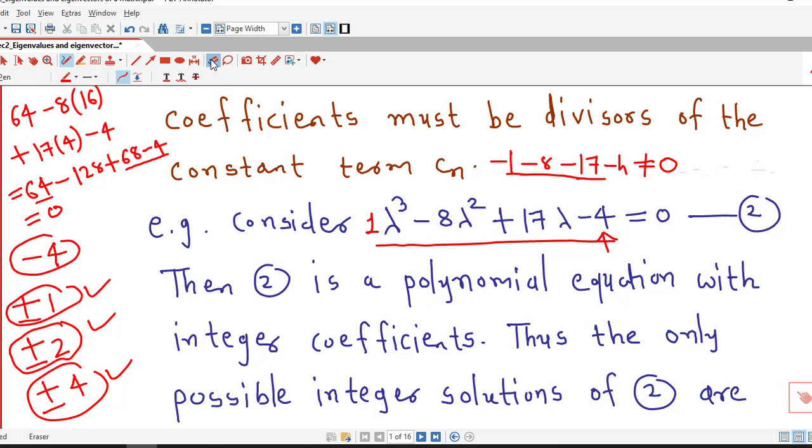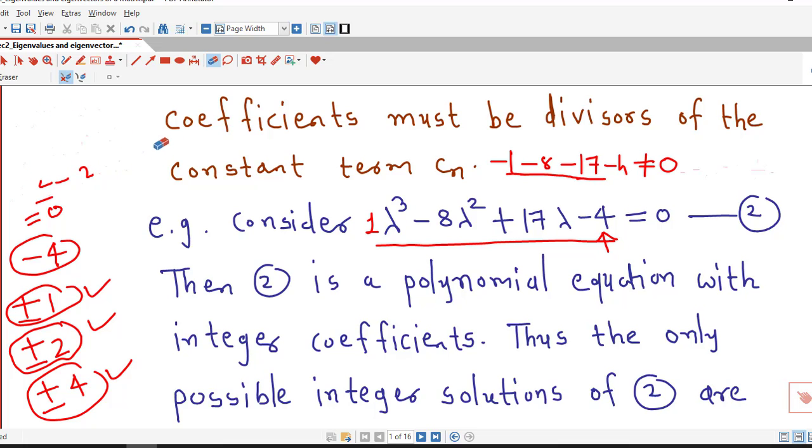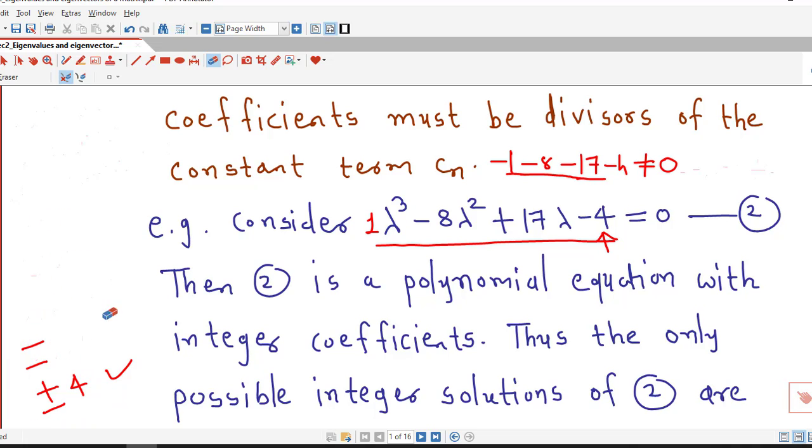Now to find out another solutions, we know that if lambda equal to 4 is a solution of this equation, then one factor of this left hand side will be lambda minus 4, and another factor will be a polynomial of second degree that we can find using method of synthetic division.